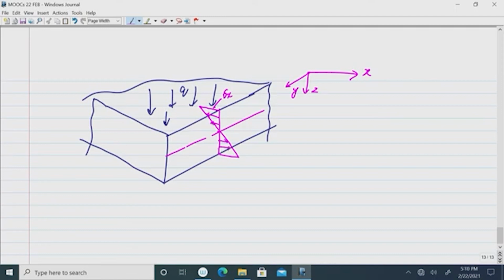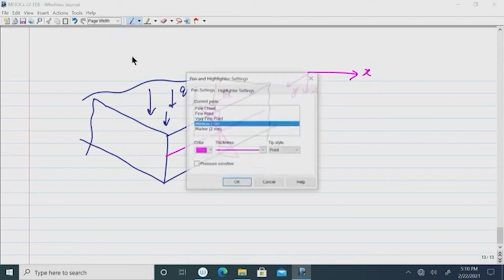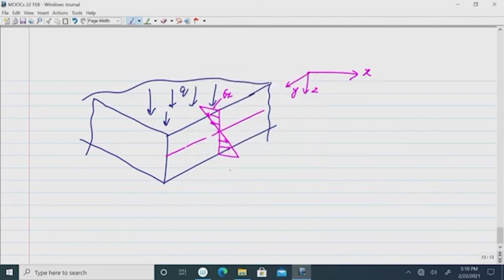Then let me show the variation of tau xy in a different color, so that you are not confused. This is the variation of tau xy. Again, it is linearly varying.